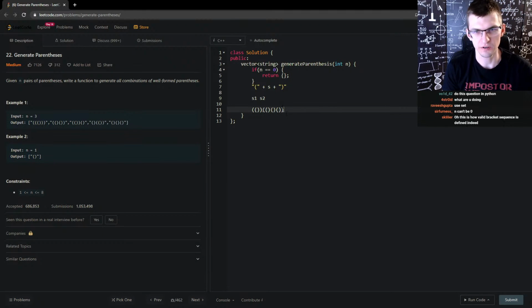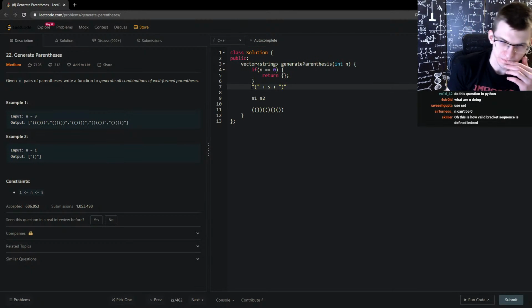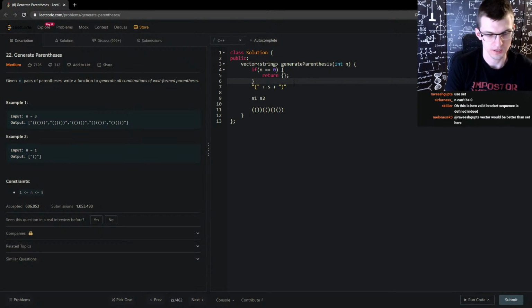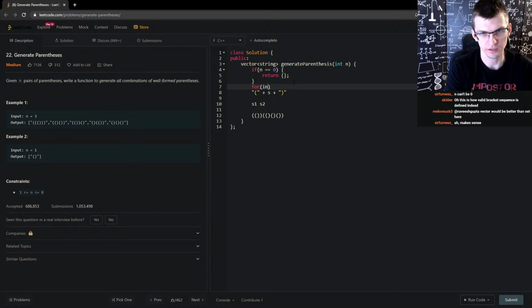N can't be 0. I'm going to run this recursively. I'm going to reuse it. So if you can run this recursively, you can grab possible s here by running it for n-2. Something like this. For every string in generate, that's too hard of a word for me, so I will copy paste.